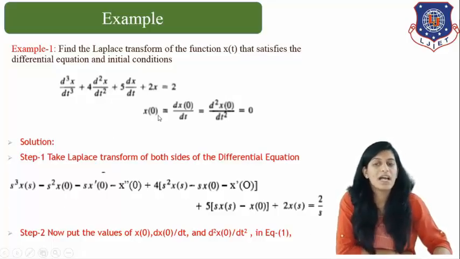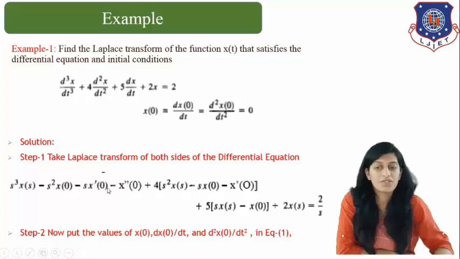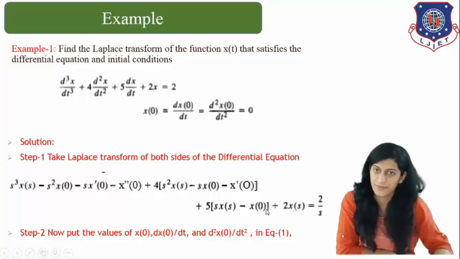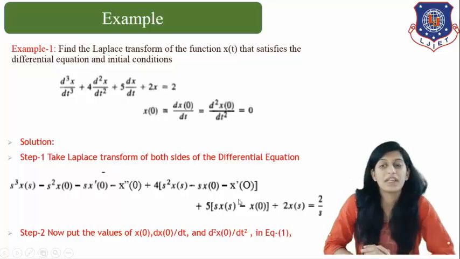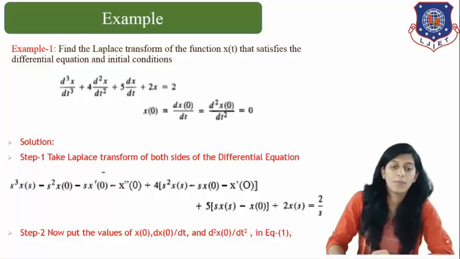Simply put the values of initial condition x(0), dx(0) by dt and d square x(0) by dt square here. So the term 1, this term, this one, and from here this and this will be eliminated. Right. So this is how you can simply solve this particular numerical.